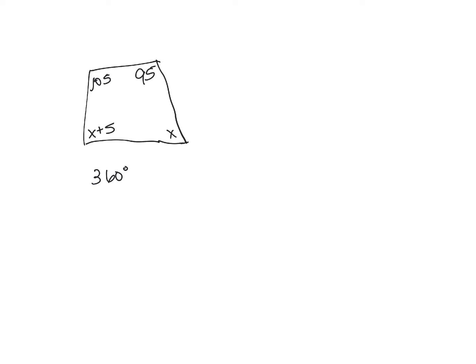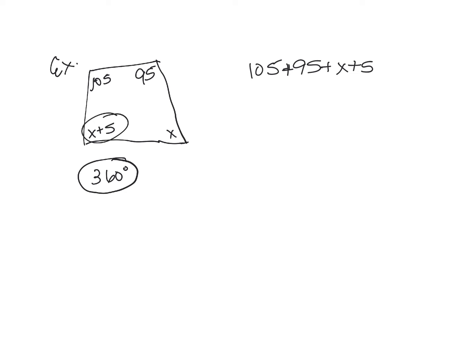So make sure whatever the total is at the bottom that they're asking you to find, on your question, it's 720 is the total. But on this example, it's 360. So we're going to take 105 plus 95 plus x plus 5, right?